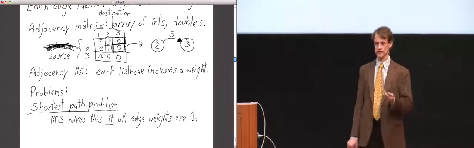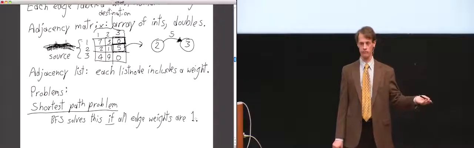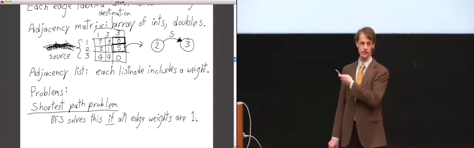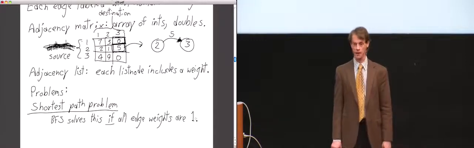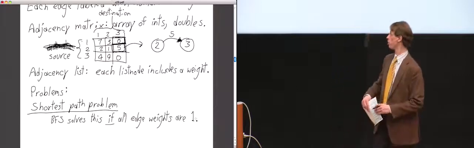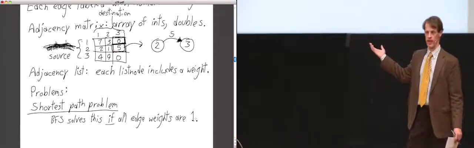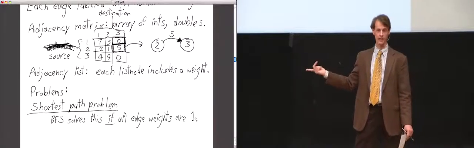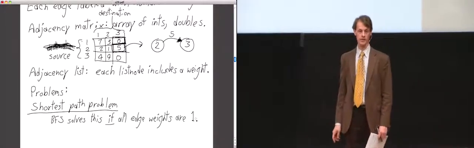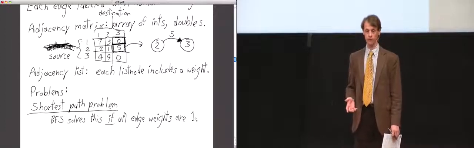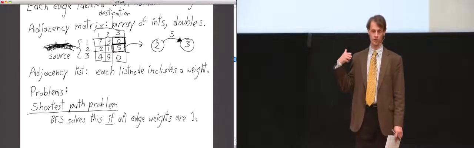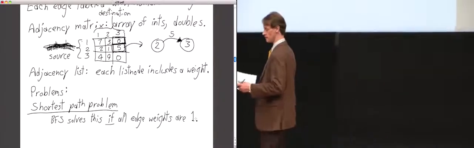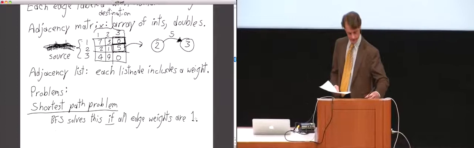But for, say, finding the shortest path on a map, it's not going to work because not every street takes exactly the same amount of time to drive. So when you have different edges taking different amounts of time to drive from one intersection to the next, the algorithm gets more complicated. The most famous algorithm for solving this when the weights are not all 1 is called Dijkstra's shortest path algorithm, and you will learn that algorithm if you take CS 170.